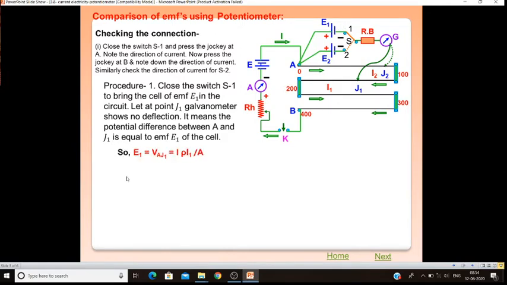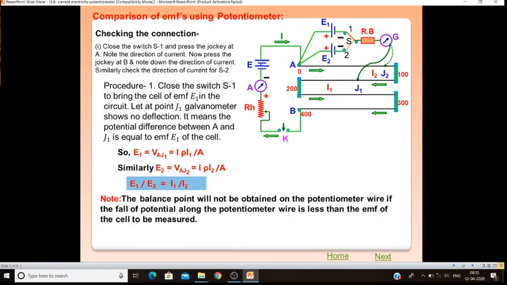So E1 equal to V AJ1. Now V equal to IR, we have to use the formula. So I rho L1 by A. Similarly, for the cell E2, we will get E2 equal to I rho L2 by A. So E1 by E2 equal to L1 by L2.